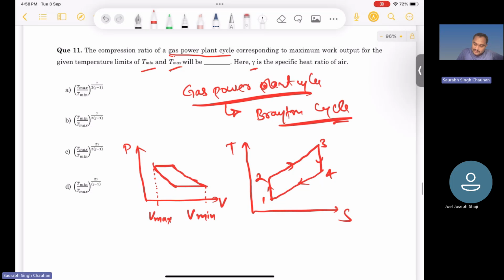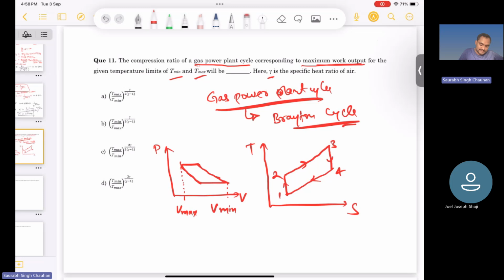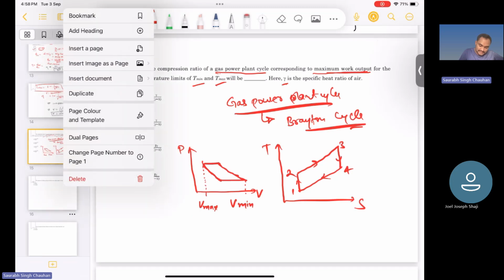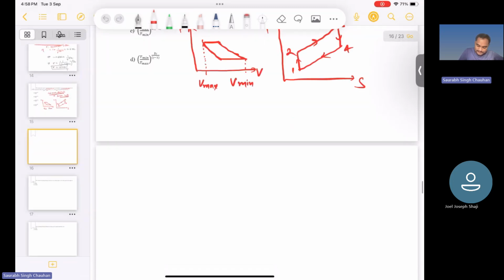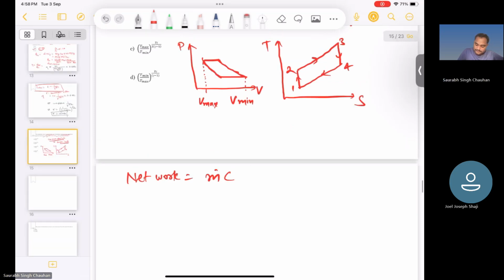This is saying to produce maximum work output. If you try to write the expression for the work output for this cycle, then you can write it as work output or net work. This will be equal to mass flow rate m Cp (T3 minus T2) minus m Cp (T4 minus T1).